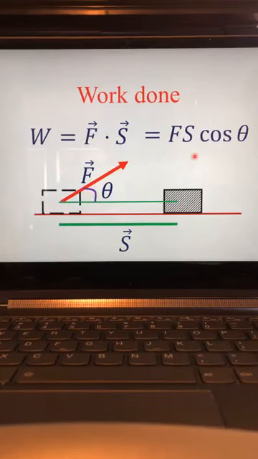So that is a new mathematical concept in vector products. The product is the magnitude of force times the magnitude of displacement times the cosine of the angle between the two directions, the direction of the force and the direction of the displacement.